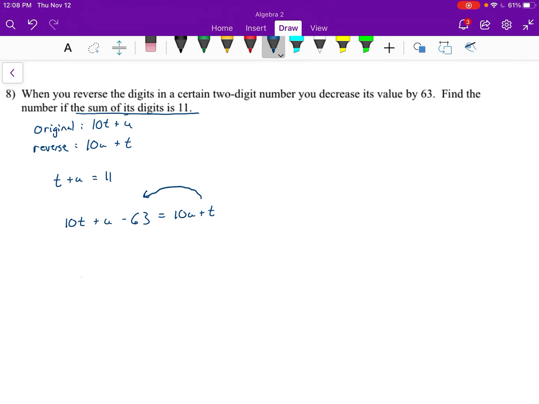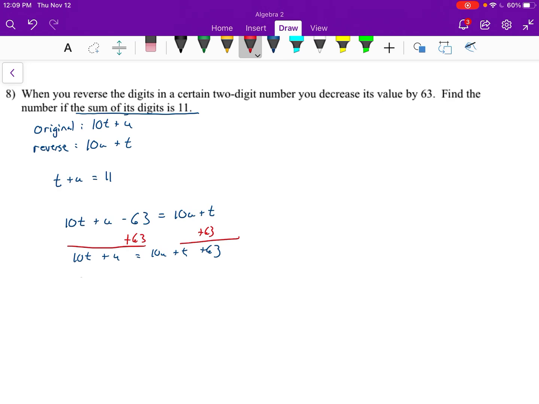And so now you have two equations. We're going to clean this bottom one up a little bit. Let's go ahead and add 63 to both sides. That will give us 10t plus u equals 10u plus t plus 63.